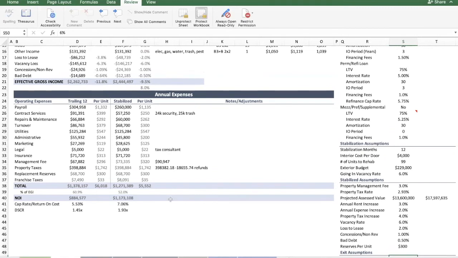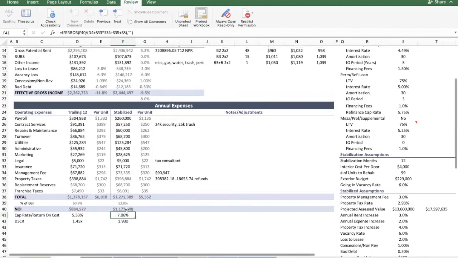The thing I like to say is the most difficult to manipulate and the truest indication of the return is the unlevered yield on cost, which is calculated by basically your stabilized NOI assumptions divided by the cost for you to create that stabilized NOI.